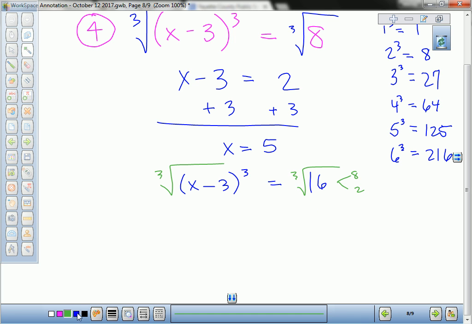So we could actually solve this problem. This would simplify to, what is the cube root of 8? 2. So this is 2 times the cubed root of 2. This right here. And then we can move this back over.